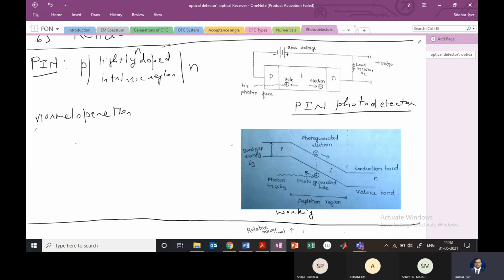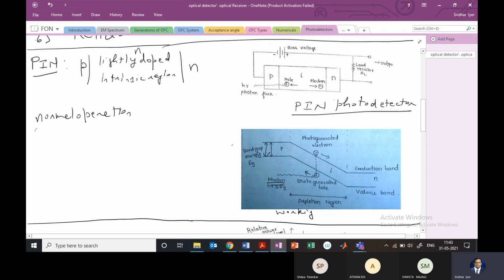Now when you have a photon which is incident, then you will have an energy greater than or equal to the band gap energy, right, which we need to supply. And once this energy comes in because of the incidence of the photon, you can see on the diagram, when this photon hits, the device will be able to meet this band gap energy, right?